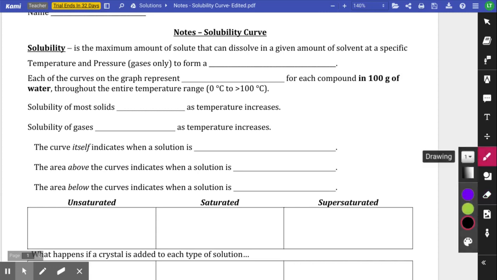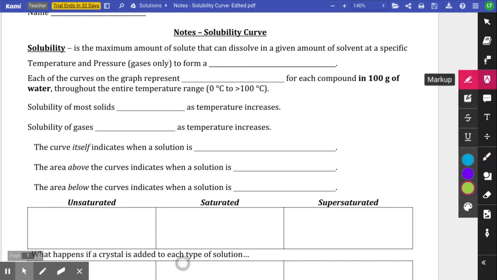So in this unit, yes, we're still talking about can something dissolve, but we are also going one step further and talking about how much can it dissolve at a specific temperature. For solids, solubility is temperature dependent only, and for gases it's temperature and pressure. So our definition of solubility for right now is the maximum amount of solute that can dissolve in a given amount of solvent at a specific temperature.